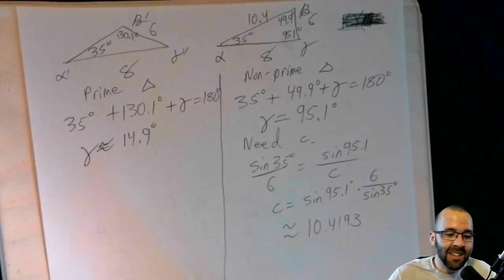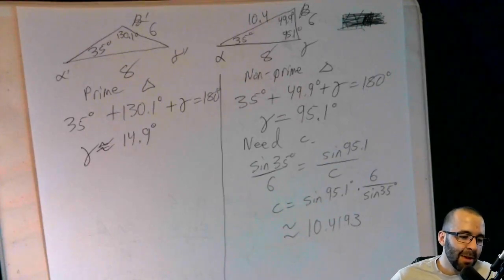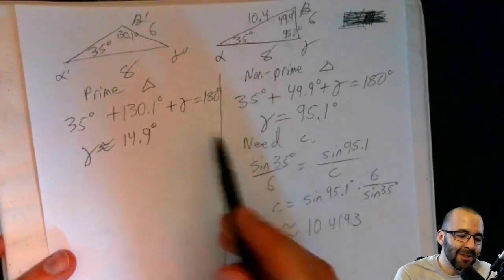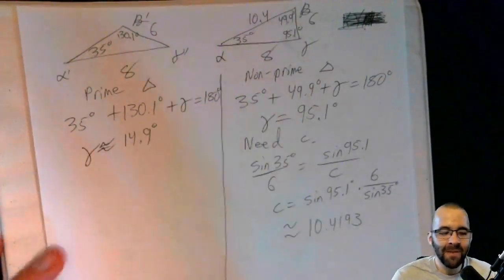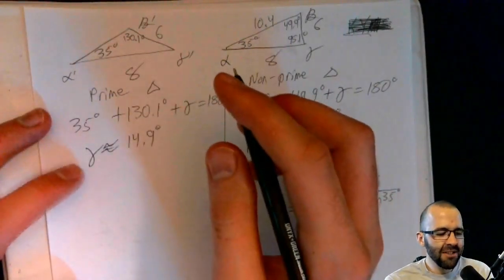Yeah, these homework assignments are long for sure. 9.5 and 10.1 are pretty long homework assignments. But these SSA triangles don't always end so poorly. But yeah, it is a long assignment. Intentionally so.